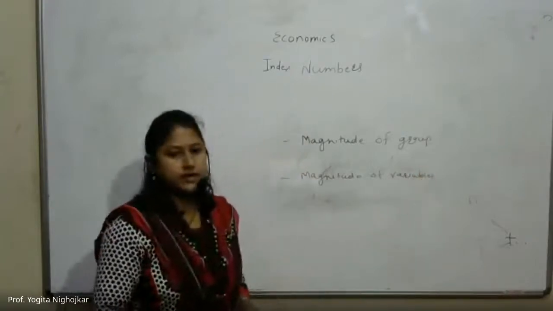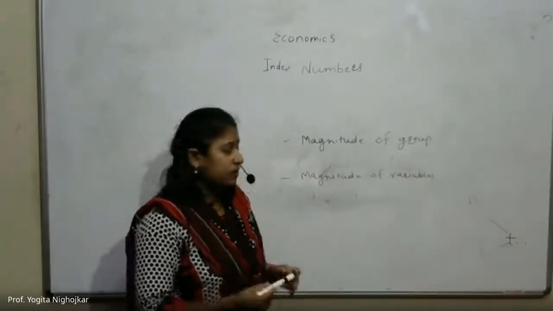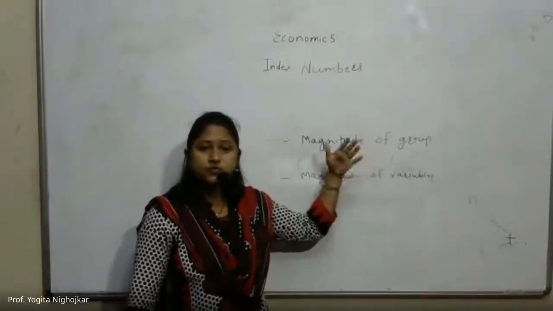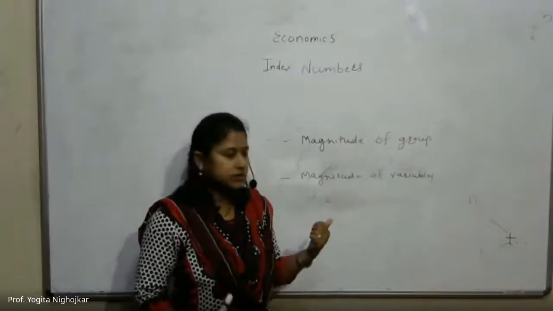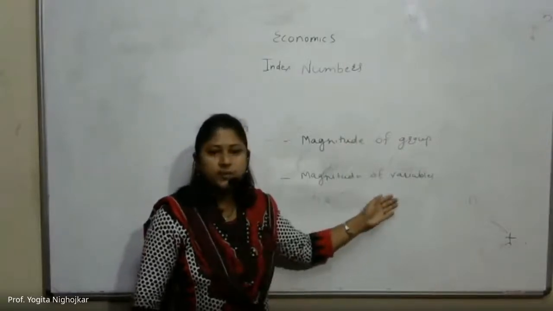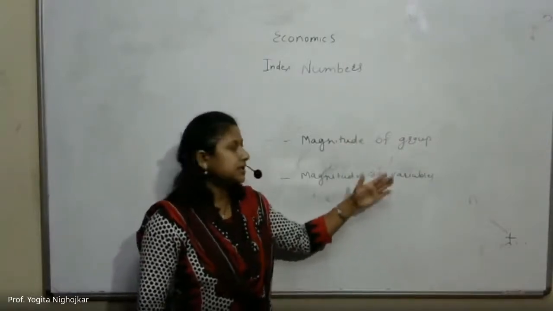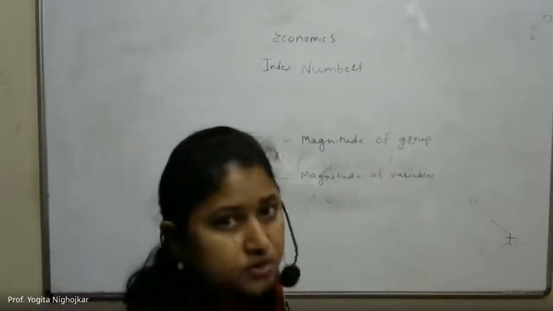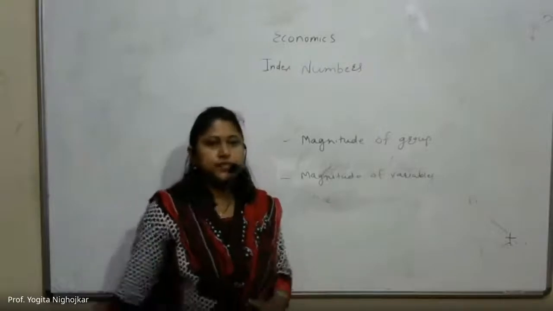What is magnitude of group? It means activities of a group for gain. And magnitude of variables means place, time, income, etc. All these variables are included in this definition.